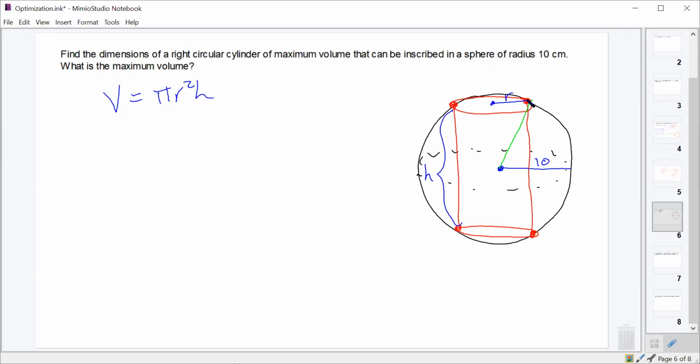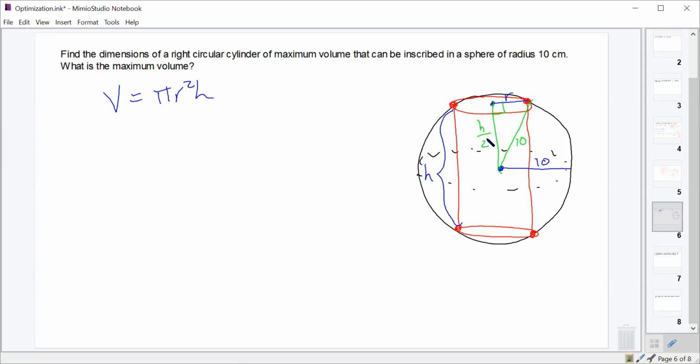Like that. Yeah, and that should also be 10. So if I just drop this straight down, what is the length of this right triangle's leg? Half of h, right?